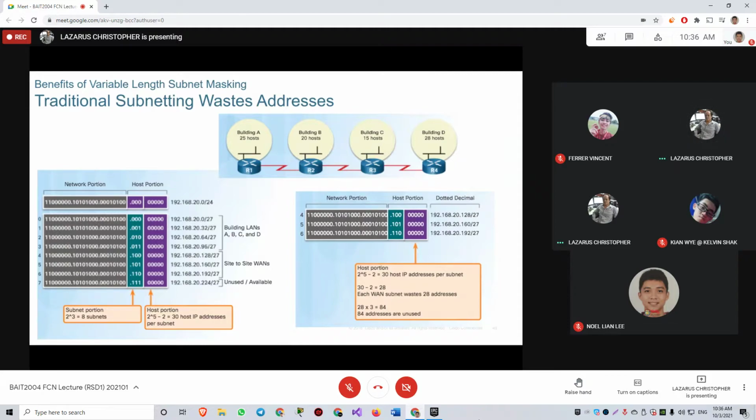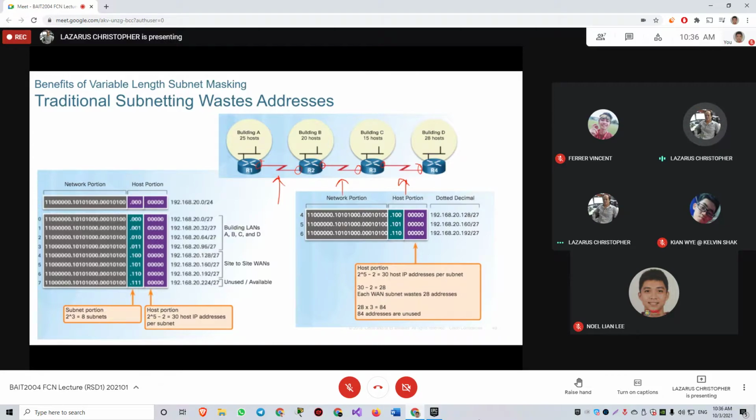But when you look at this, this is building A, building B, building C, building D. Then you link these 4 separate subnets together. But don't forget, this also needs addresses. Where? Here, here, here, here, here, here. Because this is wiring between buildings.